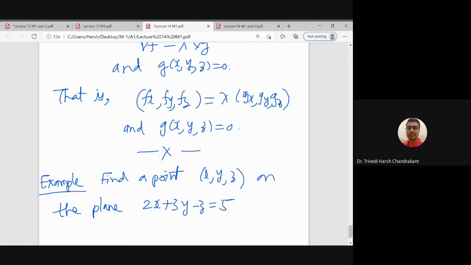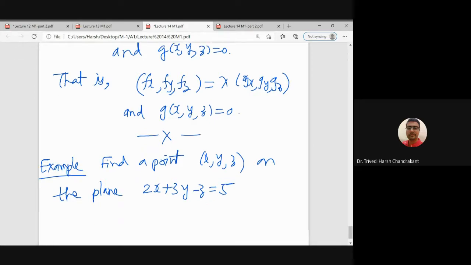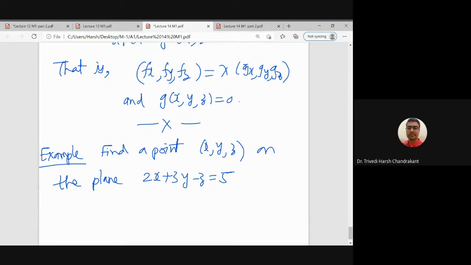So this is my z. I write z in this way, right? It looks like 3, but it is z. So I use this notation. So find a point x, y, z on the plane which is nearest to the origin.